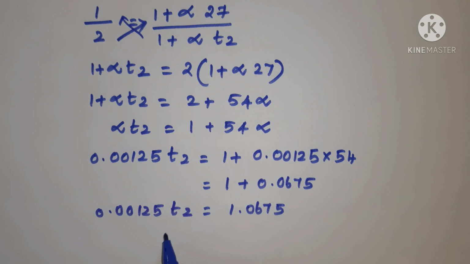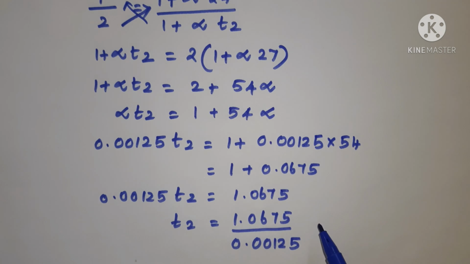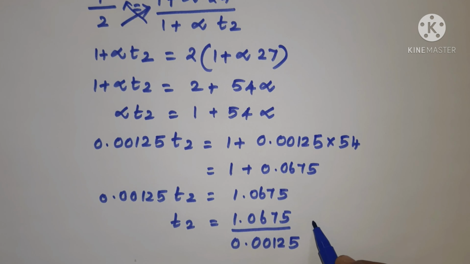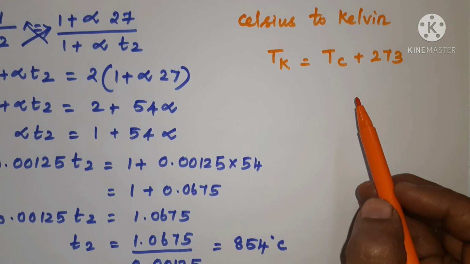So from this we can find T2. T2 is equal to 1.0675 divided by 0.00125. After simplifying, we get this value to be 854 degrees Celsius.